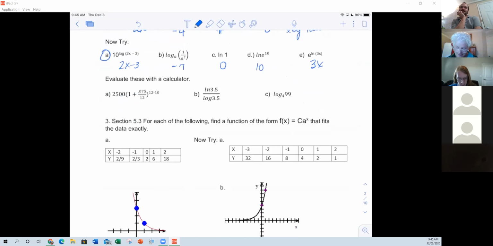All right, just make sure you can use your calculator. I want everyone right now, and this is a power right here, to make sure that you know how to use your calculator.